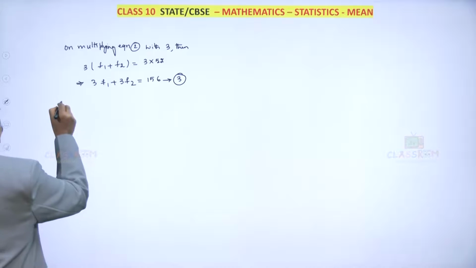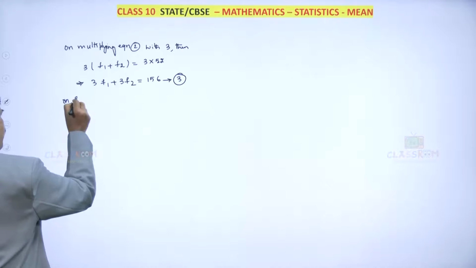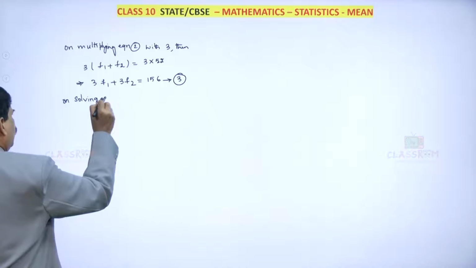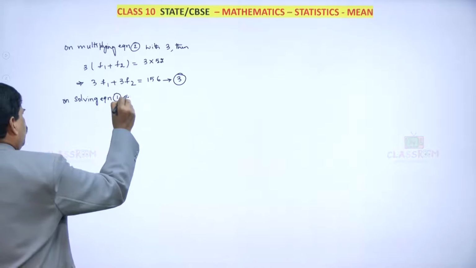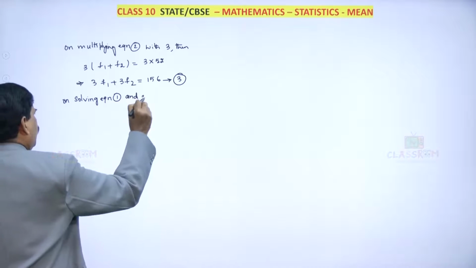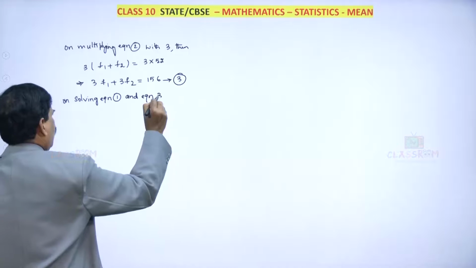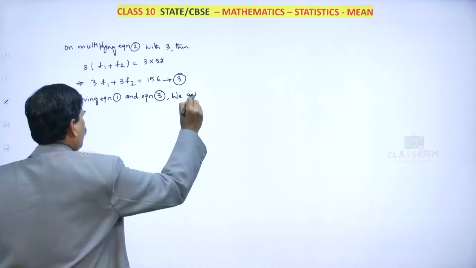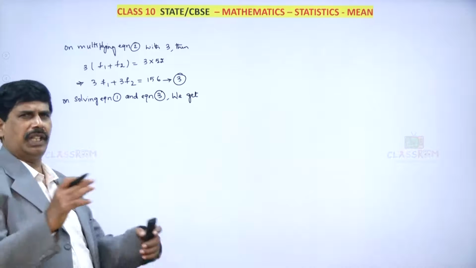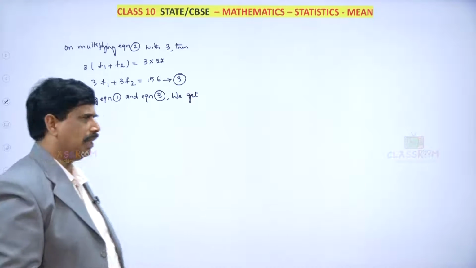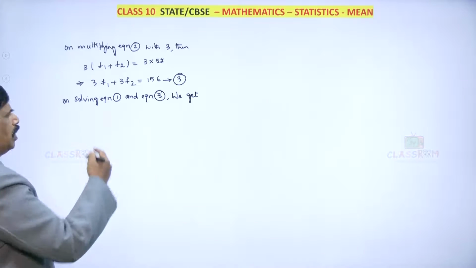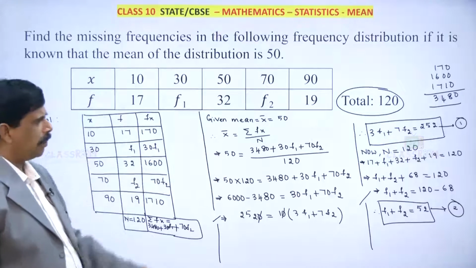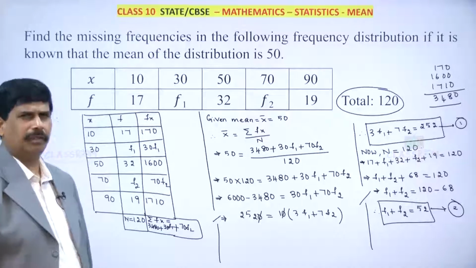So on solving equation 1 and equation 3 we get. So let us solve both the equations, children. What we will get here? What is your equation 1? We have there 3f1 plus 7f2 is equal to 252.